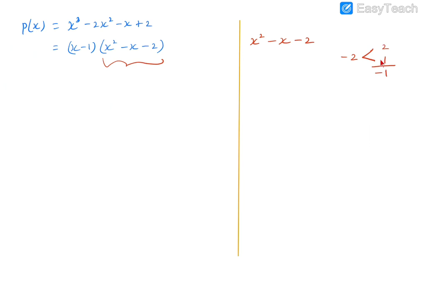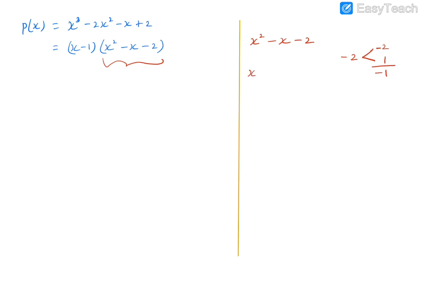If we put a negative sign in front of the 1 instead of the 2, then we'll have 2 into minus 1 as minus 2, which will be correct, but 2 minus 1 will give us plus 1, and we need a minus 1 here. So we'll put the negative sign in front of the bigger of these two numbers. So we'll put the minus in front of this 2. So now we have the correct way of splitting. Minus 2 into 1 is minus 2, and minus 2 plus 1 is minus 1.